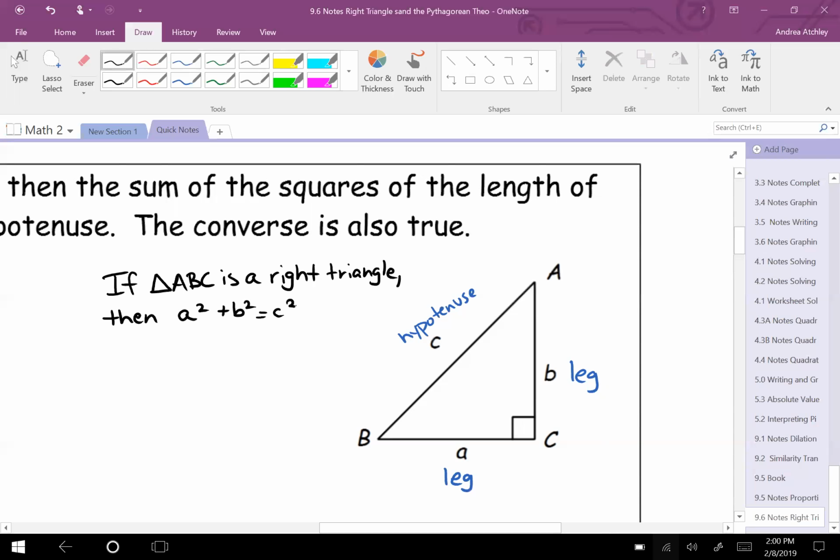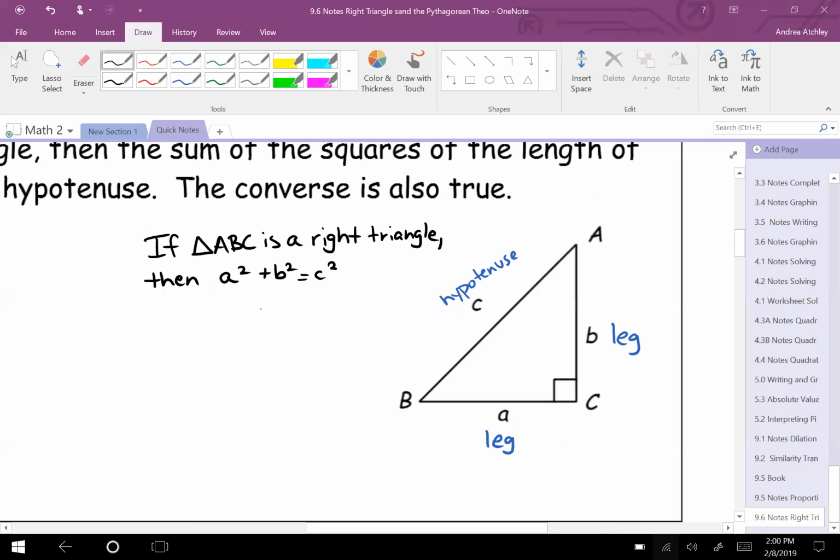It also says the converse is true. The converse is just switching it. You can also say if A squared plus B squared equals C squared, then triangle ABC is a right triangle.